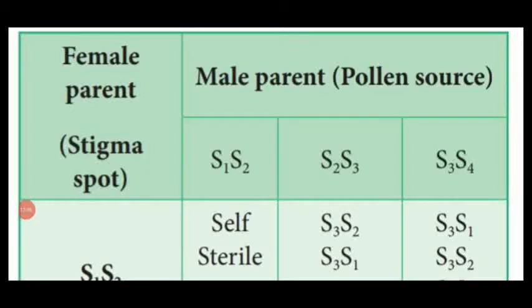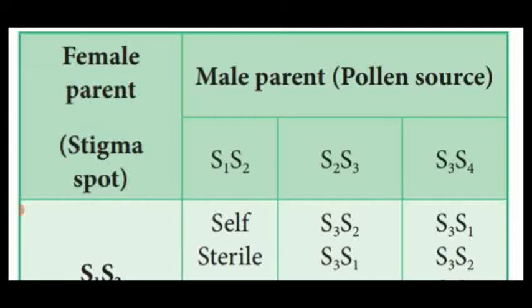Dear students, whatever we seen in the paragraph, they are given in the form of table column. This also you have to write in the 5-mark answer. So self-sterility in Nicotiana is a book back question, a very, very important 5-mark question. So in the paragraph we have seen the cross made between the plants of S1 and S2 alleles means the pollen tube did not show the developmental stages.